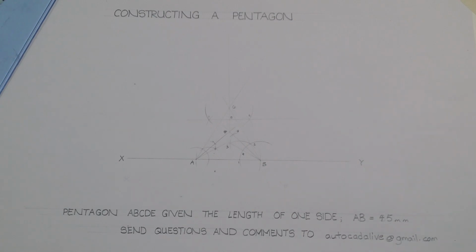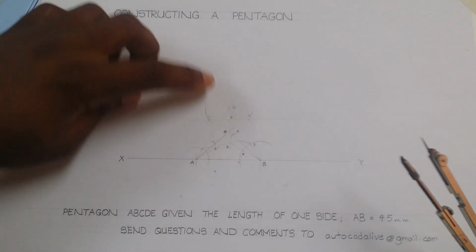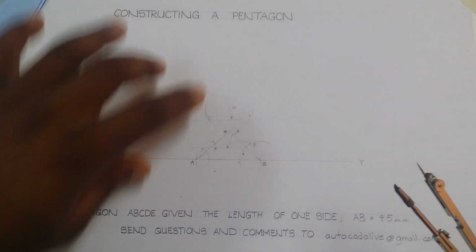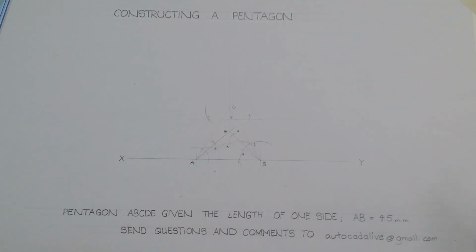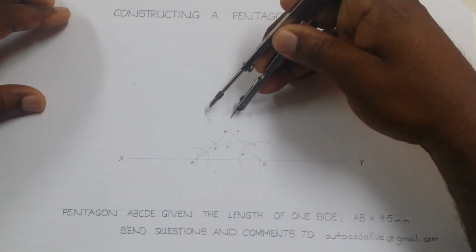We move on from there because we need a pentagon. We move on from there by using point 5 as our center. A pentagon has 5 sides, and so we use point 5 as our center.